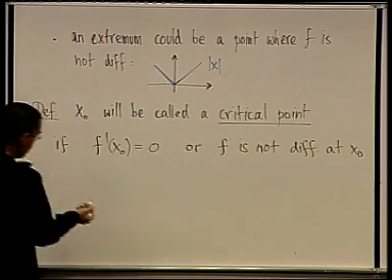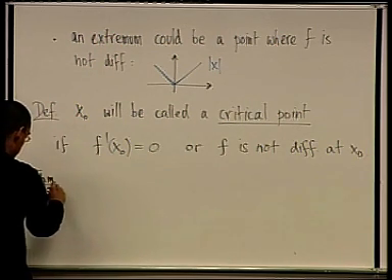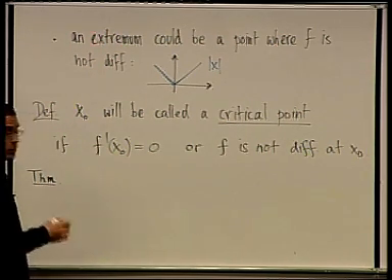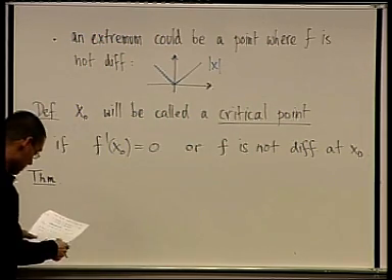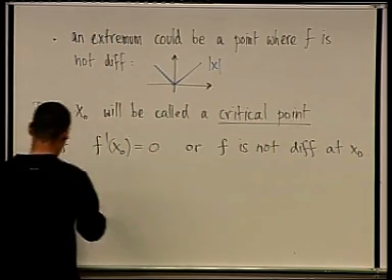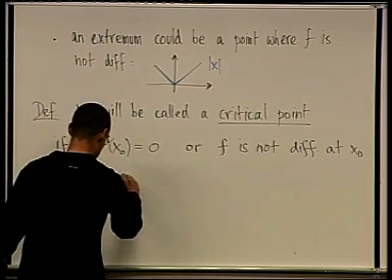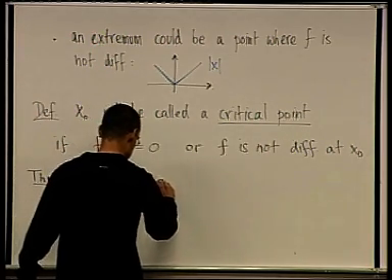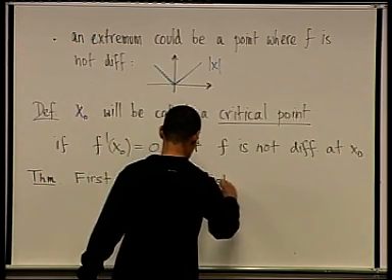And now we have two theorems that help us determine or classify such critical points. Okay, so let me write the theorem and then I'll draw a little picture. So the first theorem is called the first derivative test. The first derivative test.